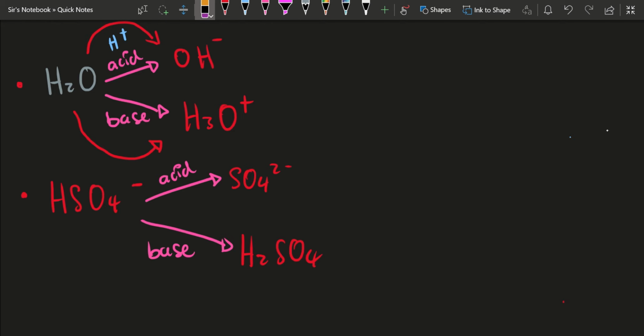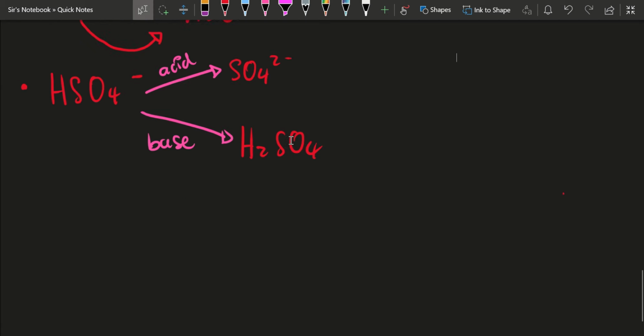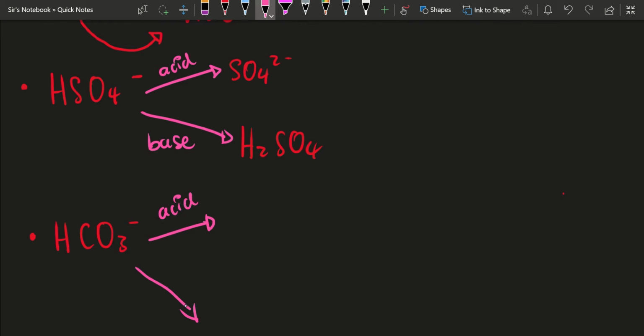We then talk about another example of an amphiprotic substance, the hydrogen carbonate ion, HCO3 minus. It acts similarly to HSO4 minus. So when it acts as an acid, and when it also acts as a base, what actually happens?